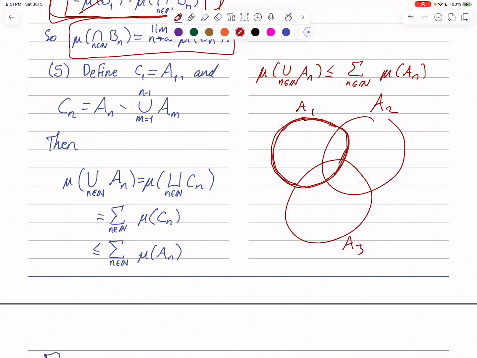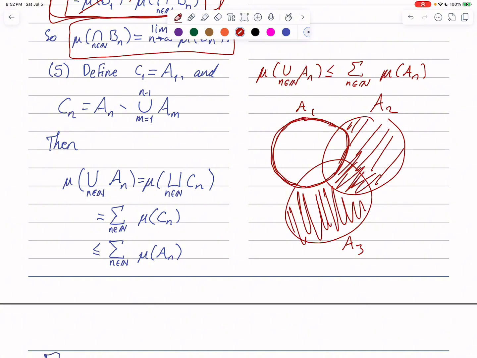But then for A2, yet again, we are going to build this new sequence of C's, right? C1, C2, C3, and so on. And C2 will be A2 minus A1. Well, that's exactly like what we had before. But with A3, you see things become a bit different, right? We certainly will take A3 and we will subtract other stuff off.